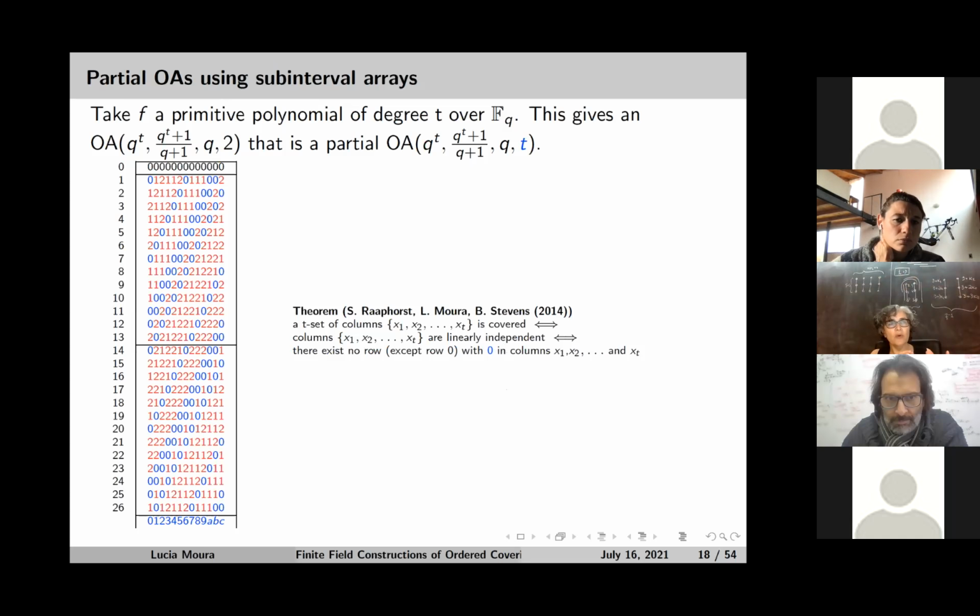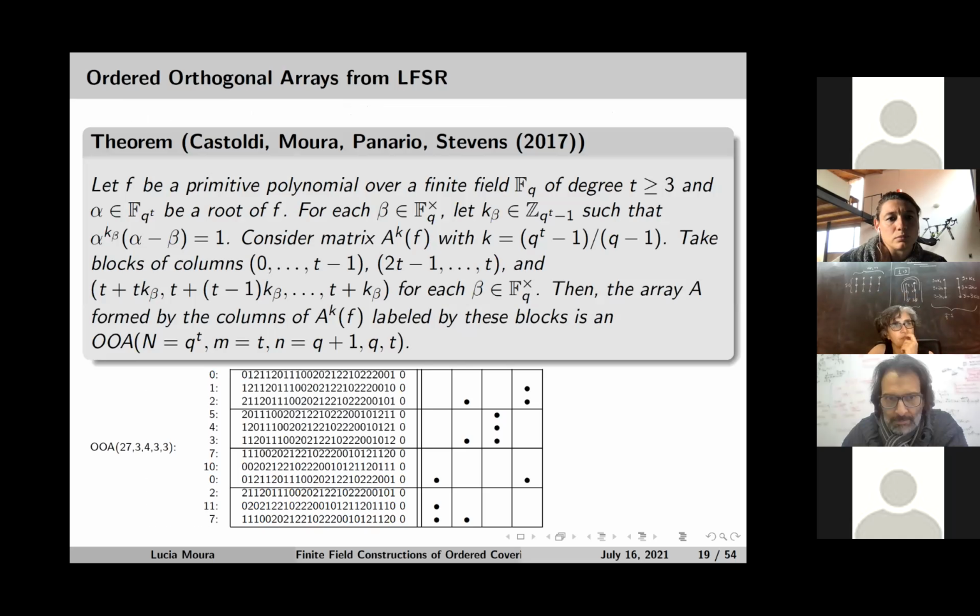For building the OOA, we wanted to select some columns of this array in such a way that I do not have a problem with coverage of my anti-ideals. So I have to be very careful in selecting that. That's what our result is. This is the construction I want to talk more about. Now I kind of set the stage. Here, my array is slanted. So this is the row of all zeros.